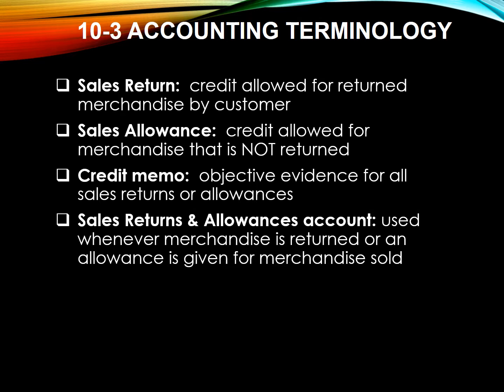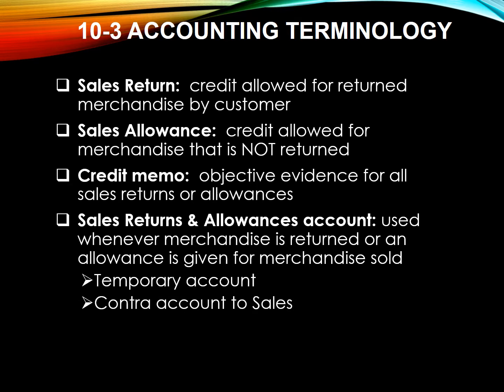The sales returns and allowances account is used whenever merchandise is returned or an allowance is given to a customer for merchandise sold. It is a temporary account. It is a contra account to sales. It has a debit balance.